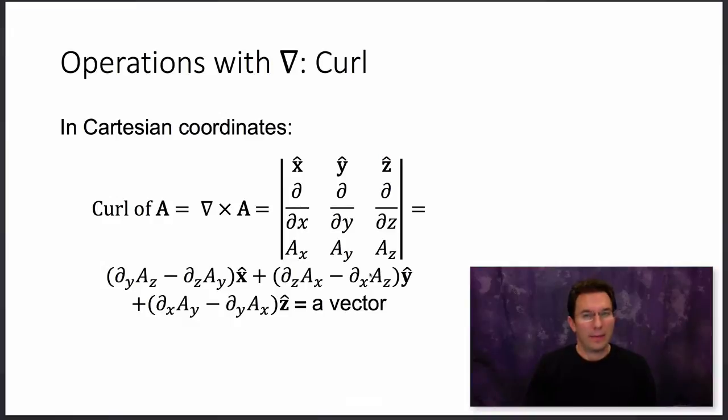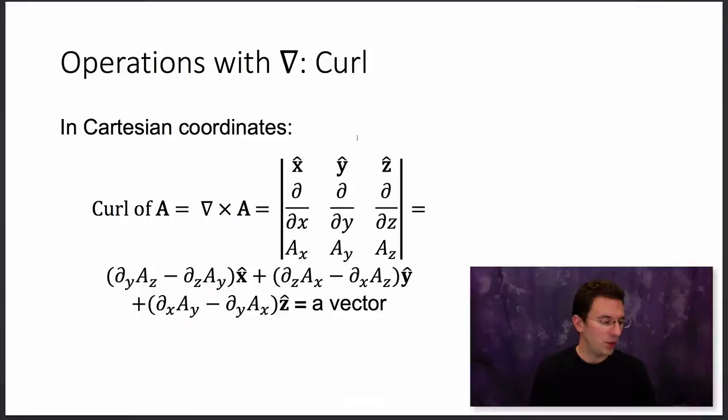There's a second operation that we can use the gradient with. If we combine the gradient with a cross product, it will act on a vector and generate a vector. So the dot product acts on a vector and gives you a scalar. The curl acts on a vector and gives you another vector. This is usually how I calculate the curl, at least in Cartesian coordinates.